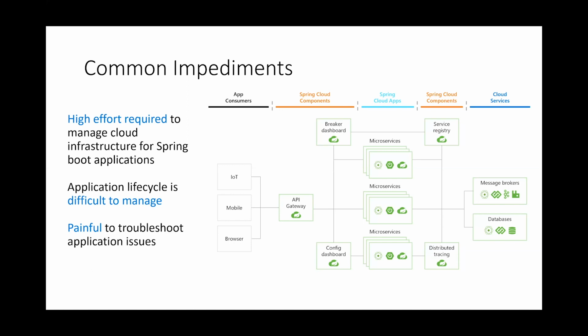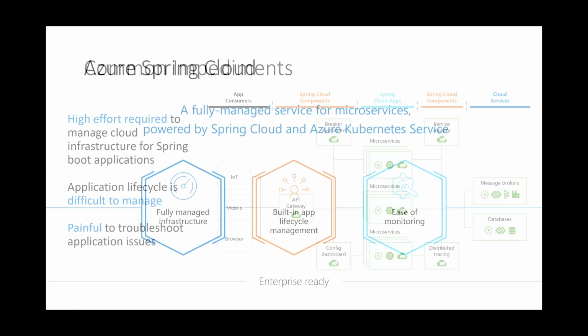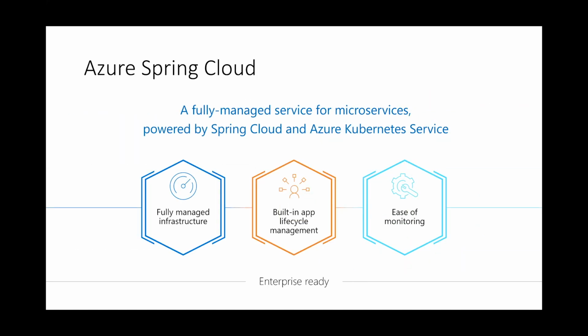So to help make it simpler to deploy and operate Spring Cloud applications, together with Pivotal, now VMware, Microsoft has created Azure Spring Cloud. Azure Spring Cloud is a managed service built on top of Azure Kubernetes Service with pre-configured Spring Cloud components and a ready-to-deploy environment.